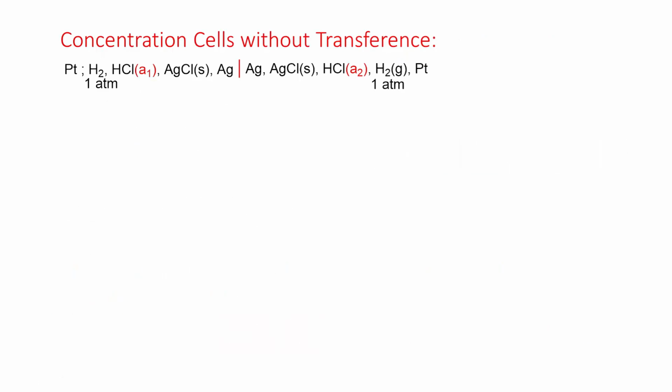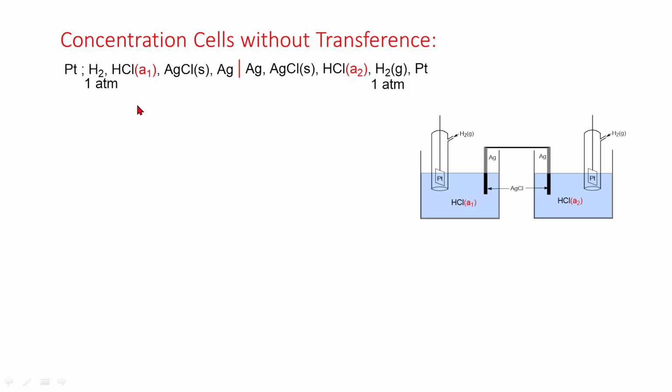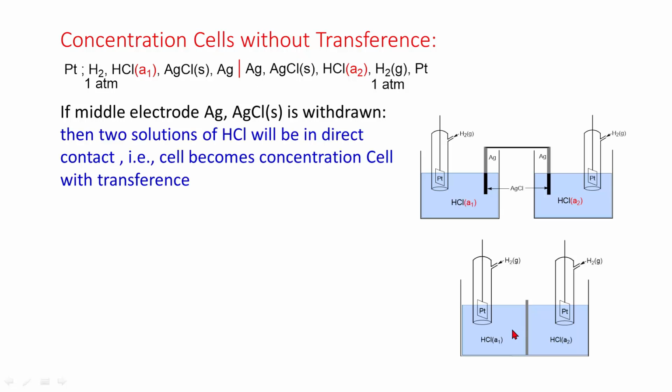Concentration cells without transference. This is the example we have discussed. If the middle electrode silver chloride is withdrawn, then two solutions of HCl will be in direct contact, that is, the cell becomes a concentration cell with transference.